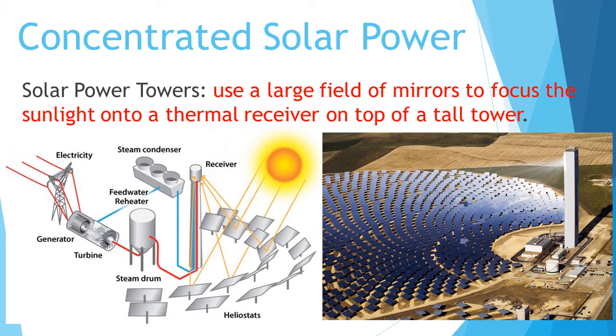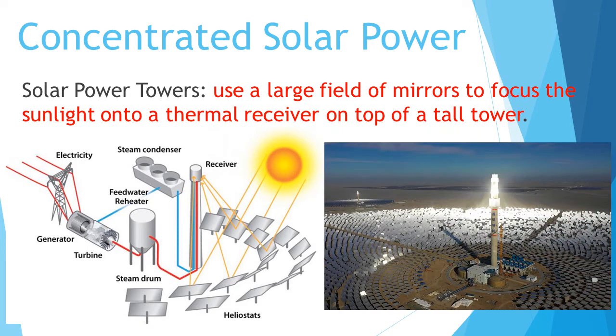Now, this is what it looks like in real life. Okay, we've got that huge field of mirrors, all reflecting the sunlight onto that tower. Pretty amazing, right? Another example is this. Look at that, right?